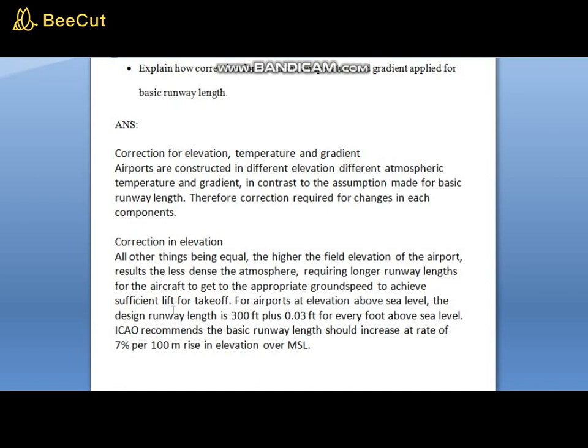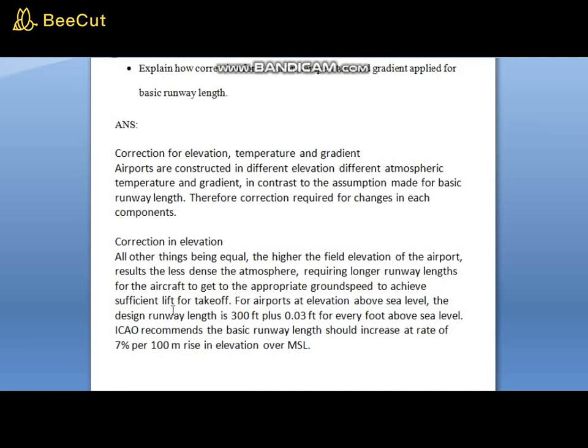Airports are constructed at different elevations, different atmospheric temperatures and gradients, in contrast to the assumptions made for basic runway length. Therefore, correction is required for changes in each component.